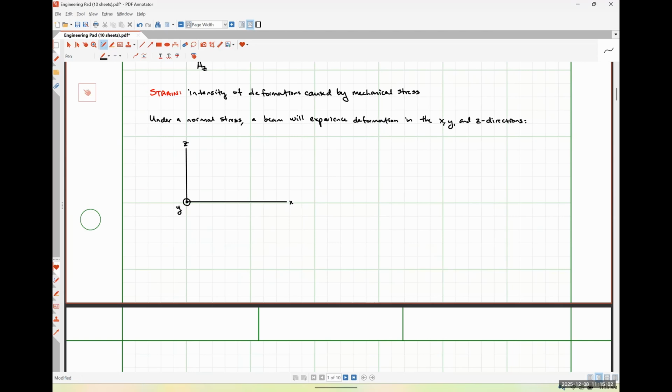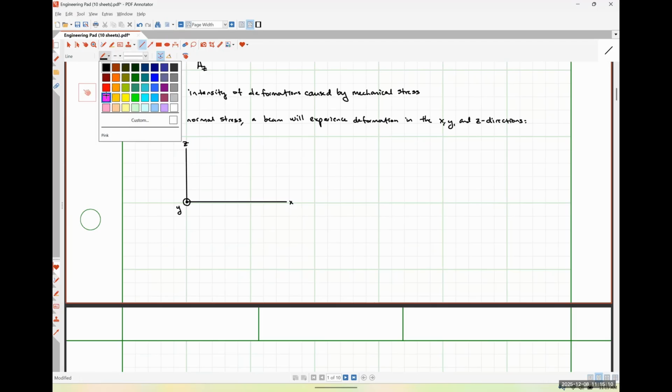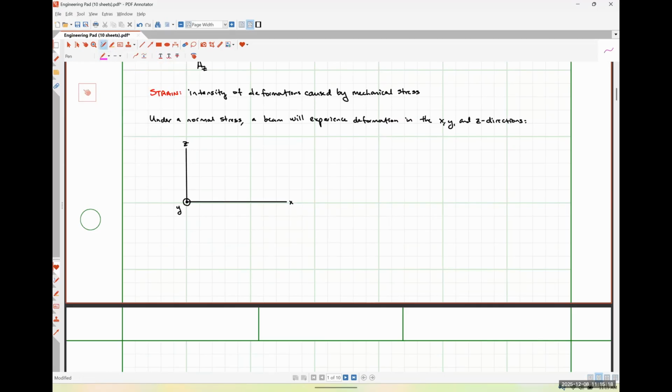Okay. And this box will represent, actually, let me do it this way. The beam prior to deformation. Okay, so something akin to this.